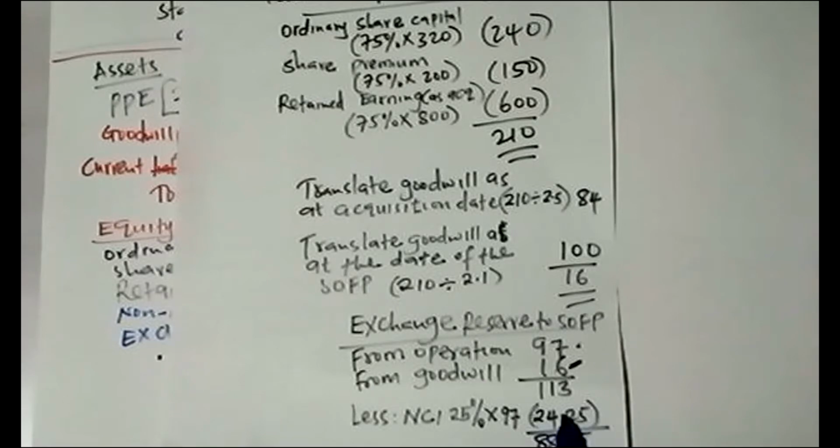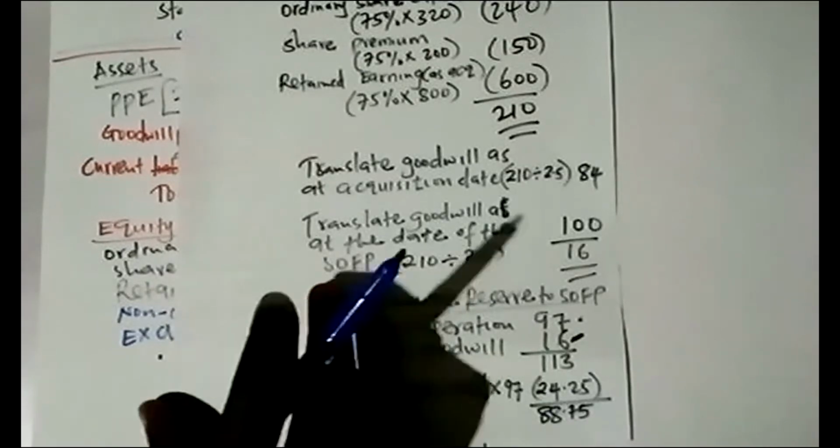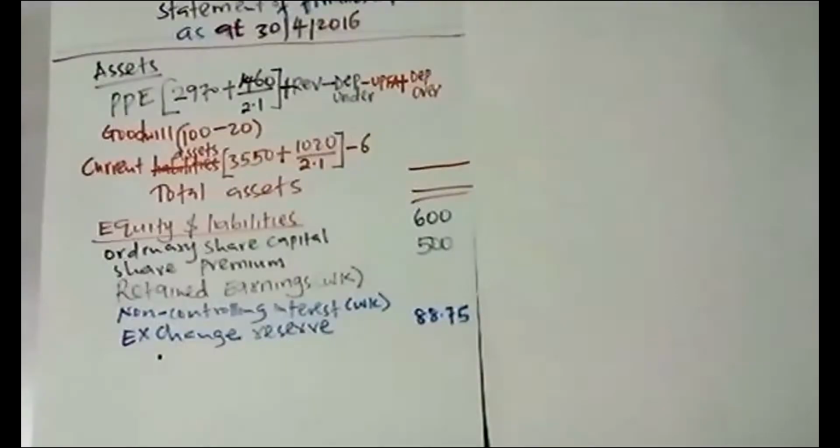Then we subtracted the one going to the non-controlling interest. So we remained with 88.75 down here. The one from operations and the one from goodwill, we minus what was going to the non-controlling interest.